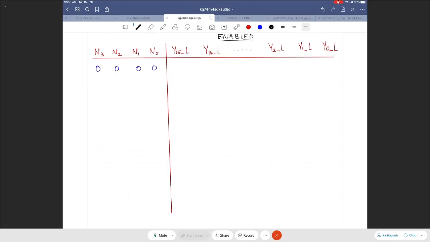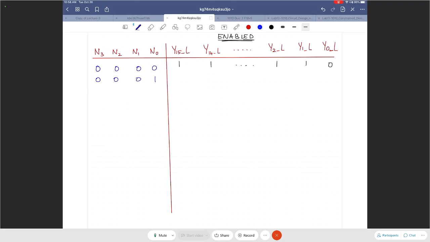Y0, right? So Y0 should be a 0 and everything else should be a 1. And then similarly, when you go to the next case, what do you have? You have 0, 0, 0, 1, right? What would happen to the outputs?